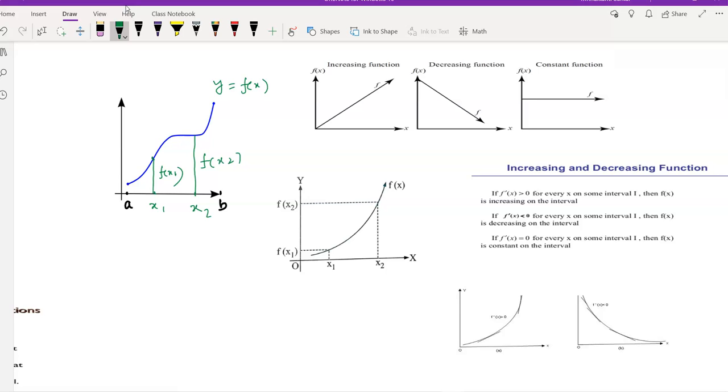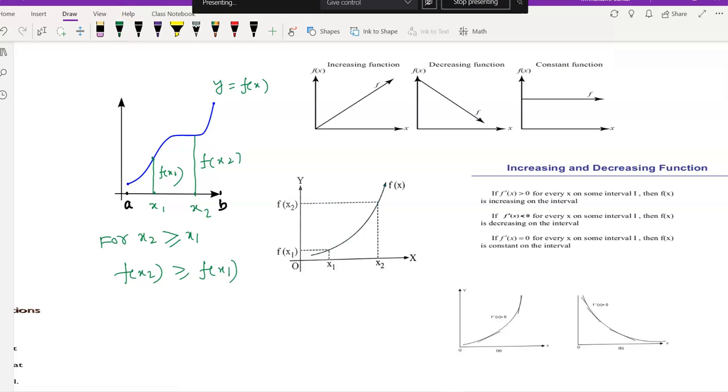So one can say that for x2 greater than x1, f(x2) is greater than or equal to f(x1).